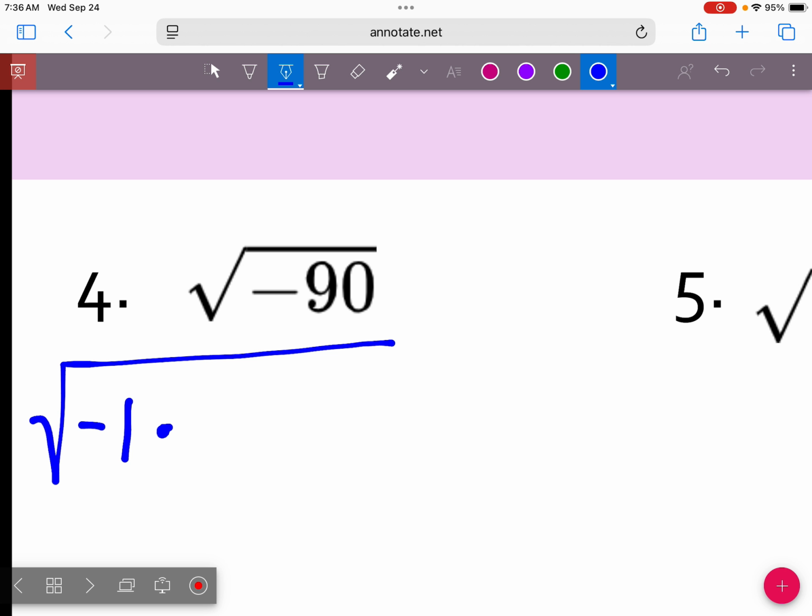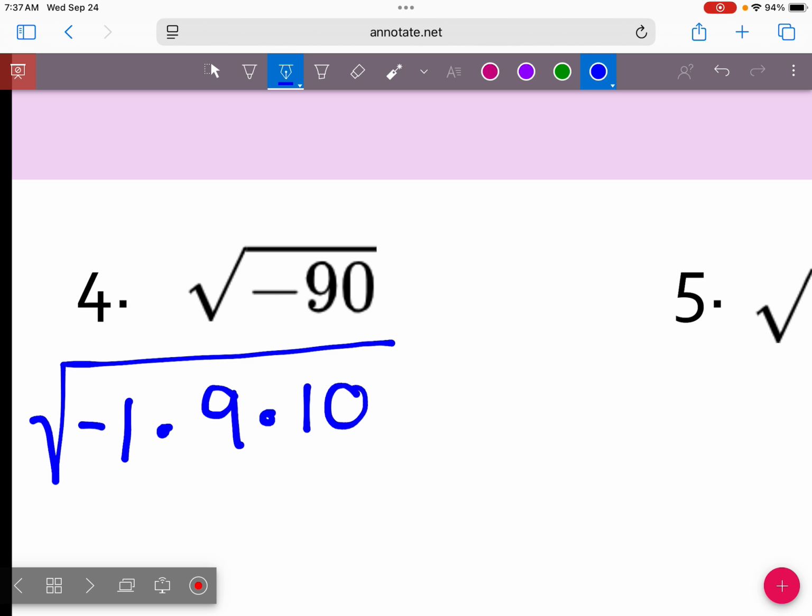It has lots of factors, but we're looking for one of them that is a perfect square. What can I divide 90 by that was in that list we had? 9 and 10. Because 9 times 10 gives us 90.